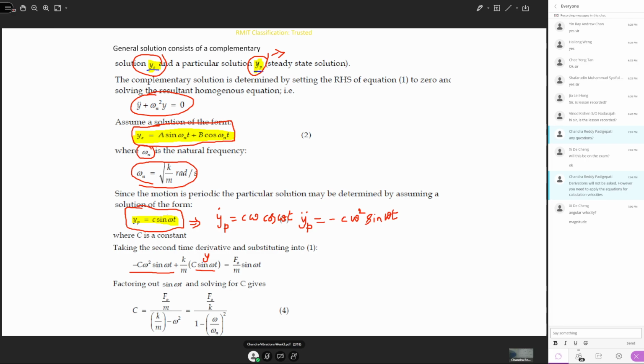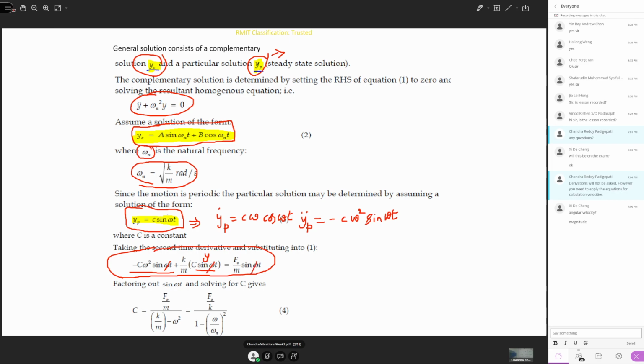Okay, so by substituting the particular solution back into the differential equation, we get this: negative c omega square sine omega t plus k by m. Now you can simplify it by taking out sine omega t in all the terms.